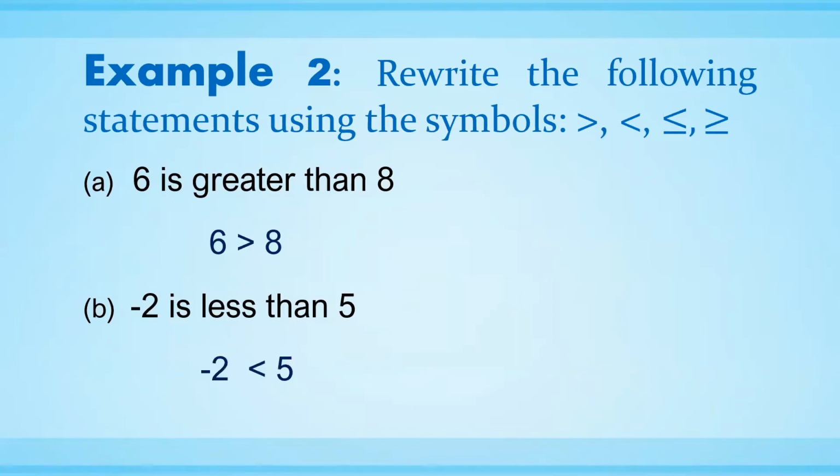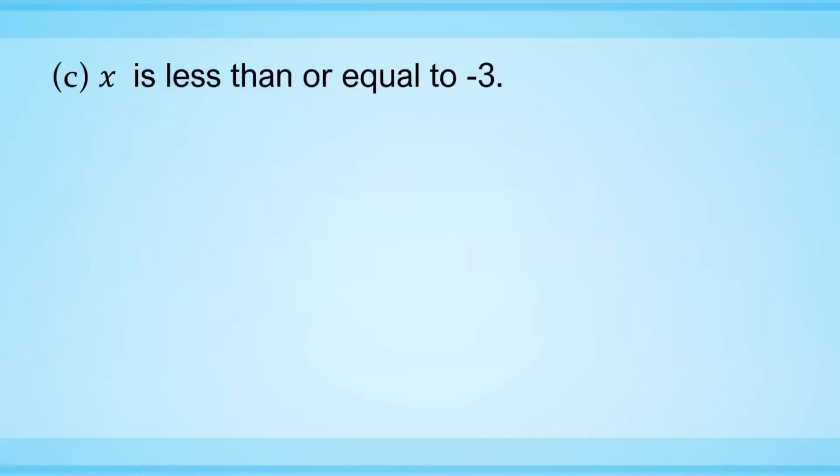So negative 2 is less than 5. Part C, x is less than or equal to negative 3. So remember, this is the symbol for less than or equal to. So I write it as x less than or equal to negative 3.